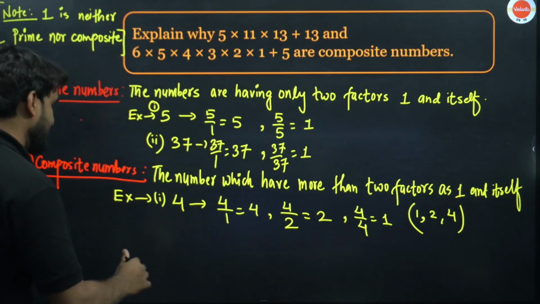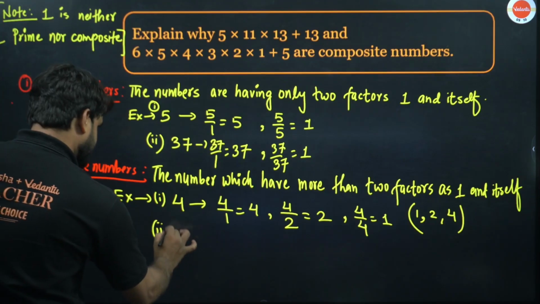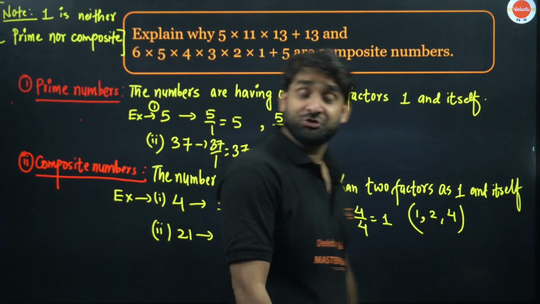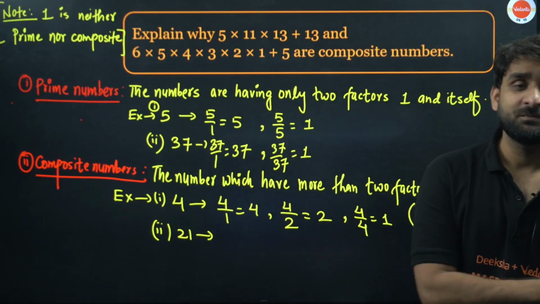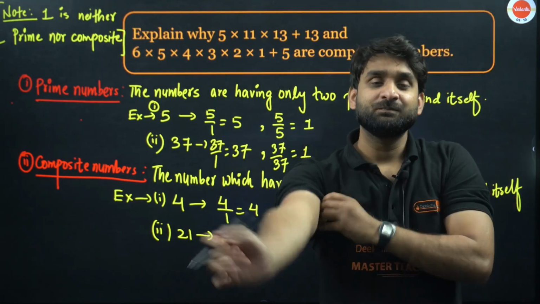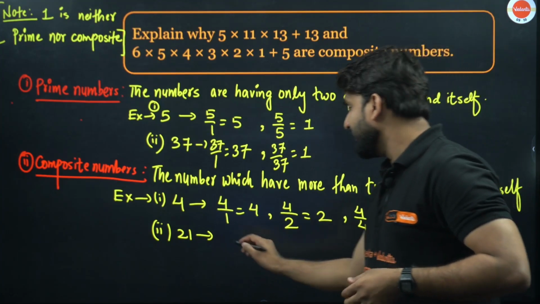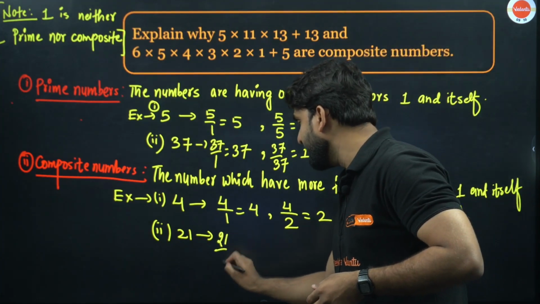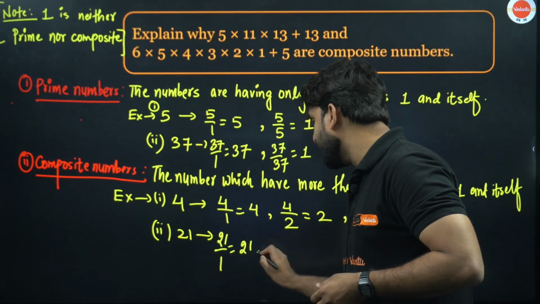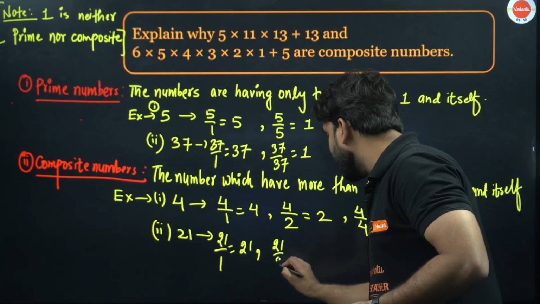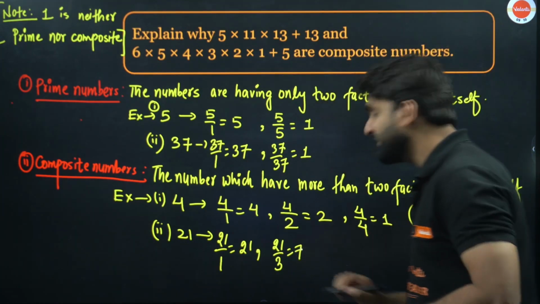Okay, now tell me, 21. Is 21 prime or composite? Now check by how many numbers 21 can be divided. My dear champion, first, 21 can be divided by 1. Now 21 can be divided by 3 also, the result will be 7.